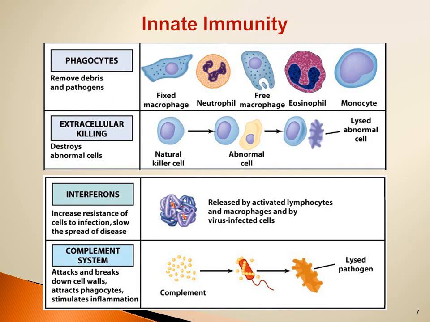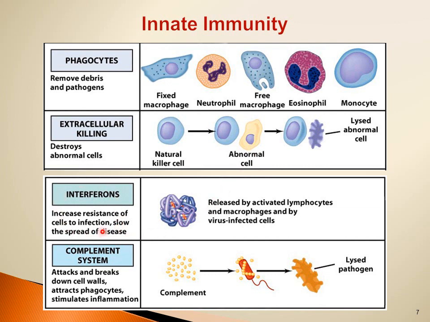As you can see here, as I said, phagocytes remove debris and pathogens, and we have different cells that have the ability to undergo phagocytosis. The natural killer cells approach the abnormal cells and cause their lysis by releasing substances that cause the lysis and death of the abnormal cells.